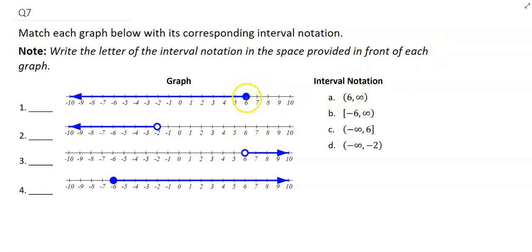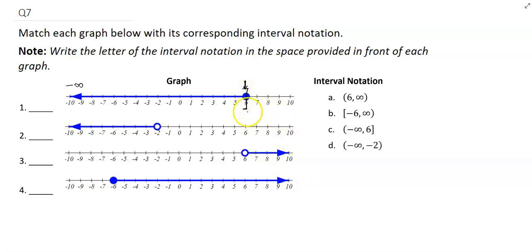This graph is pointing to the left, going forever. So here it goes to negative infinity. And here, do you see that the 6 has a closed circle? It is including the 6. When including the 6, I use brackets.